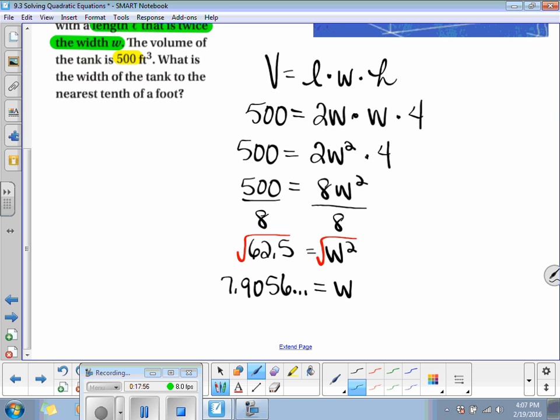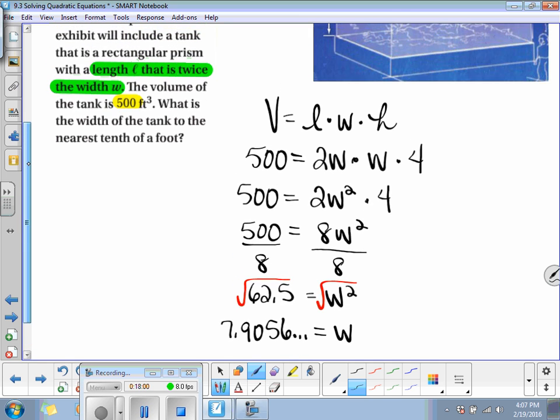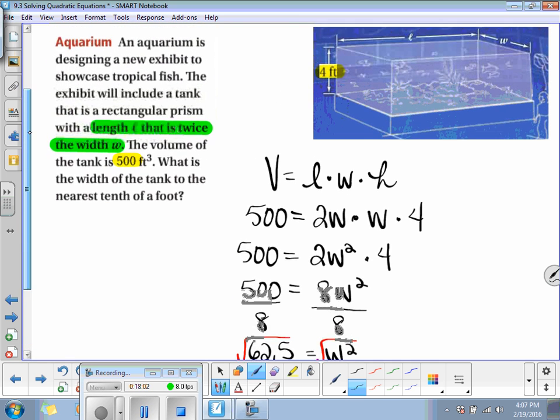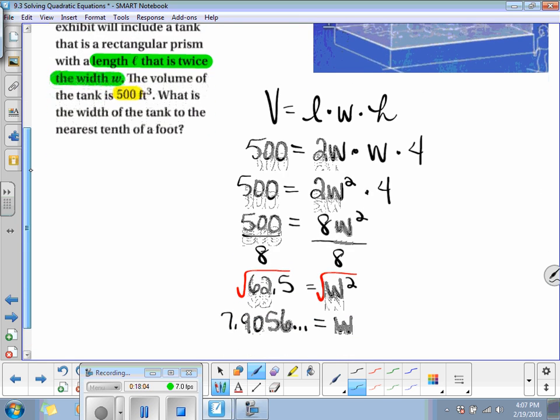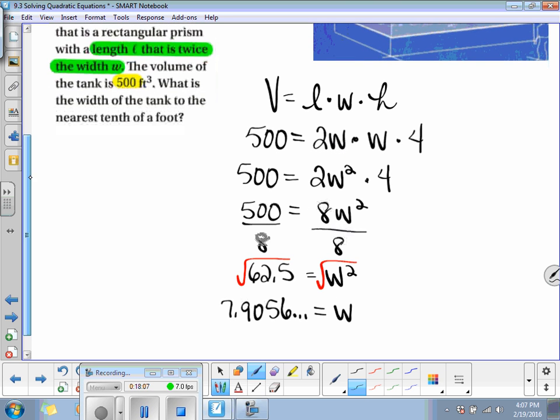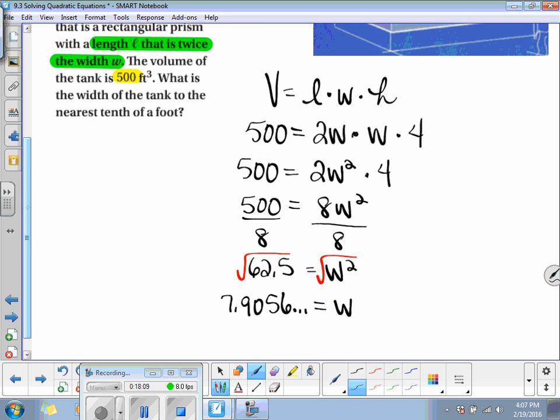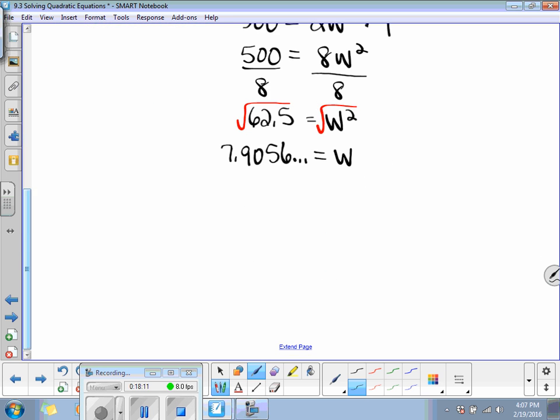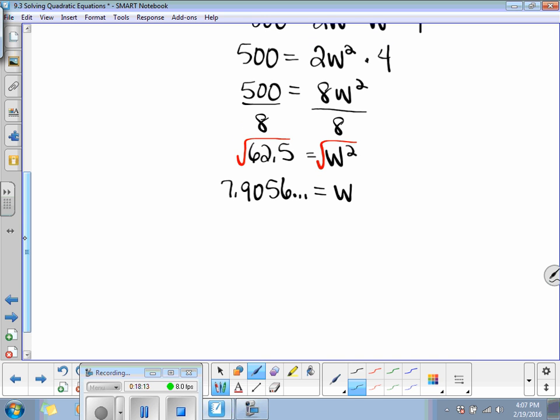Now it says here to round to the nearest tenth of a foot. So the 9 is in the tenths place. The 0 tells us what to do. So the width of the tank is going to be approximately equal to 7.9.